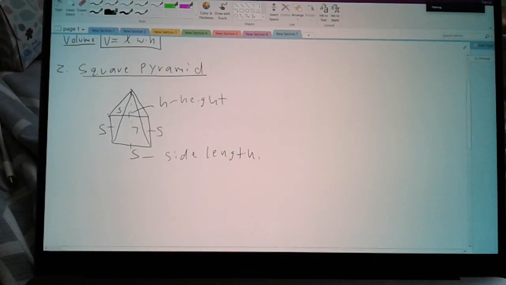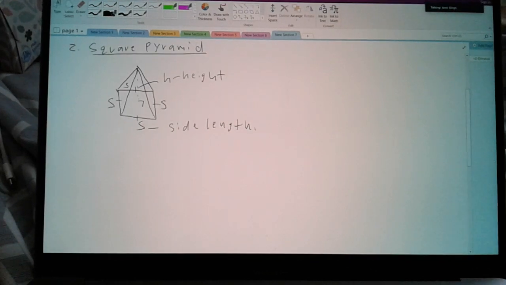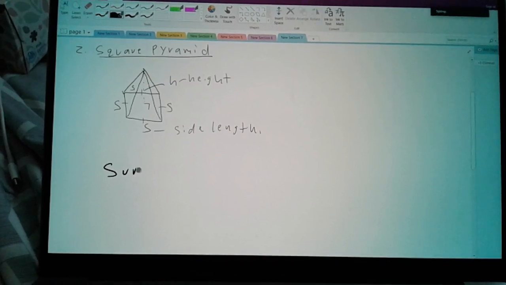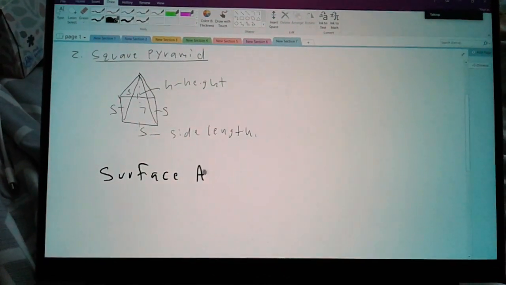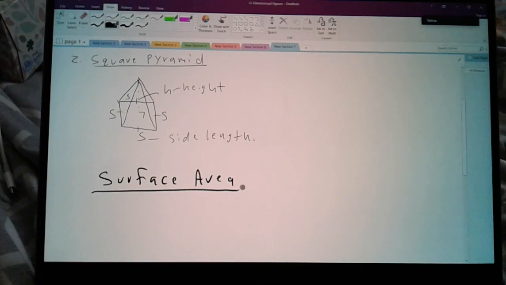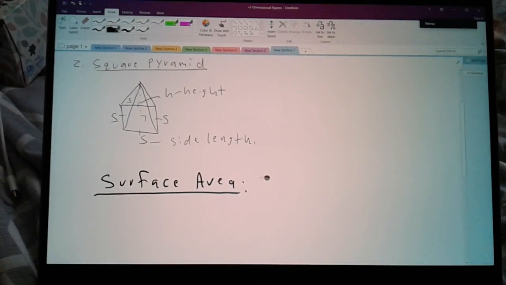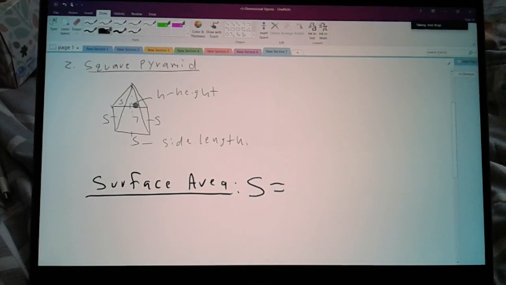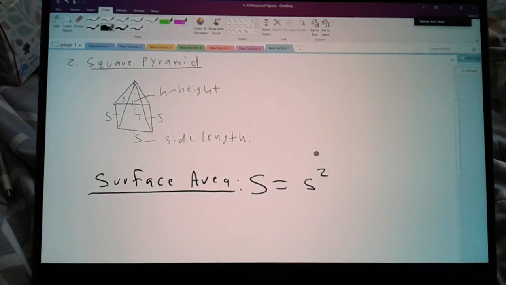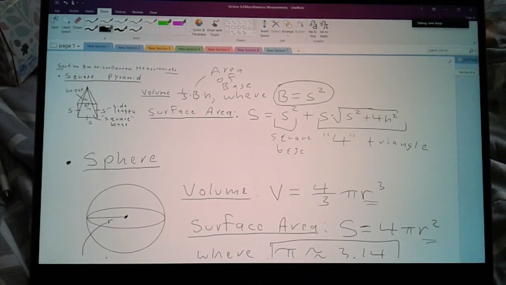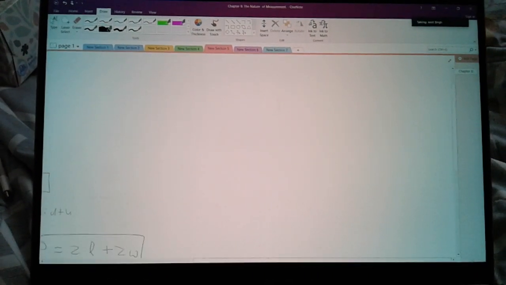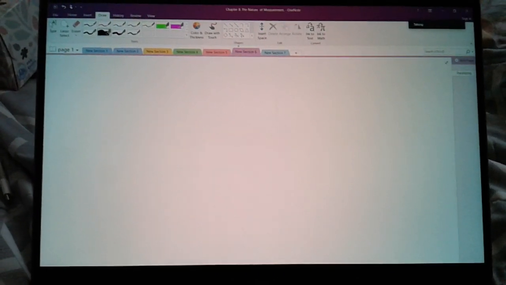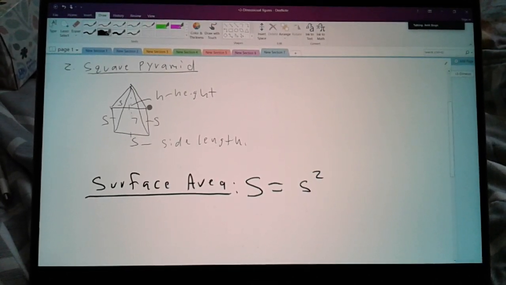Okay, so what if I want to find the surface area of this? The formula to do so is, notice that we have a square base, right? The square base means S squared. We talked about a minute ago that the area of the square is S squared. So that's that part.